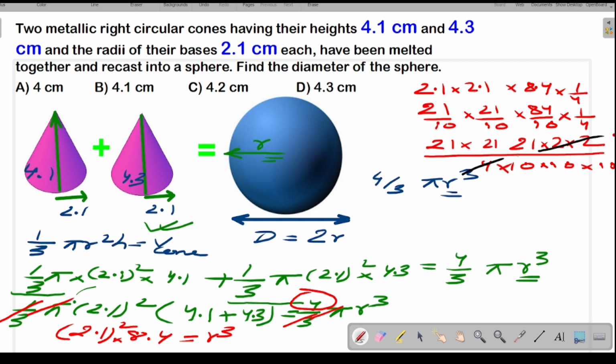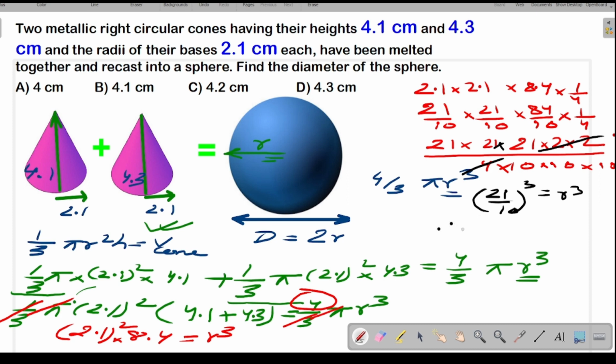The 4 in the numerator and denominator will be cancelled out, and we are left with 21 into 21 into 21, that is 21 by 10 whole cube equal to r cube.